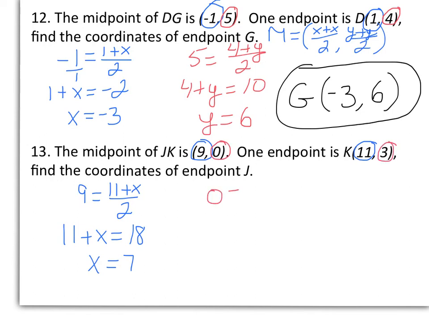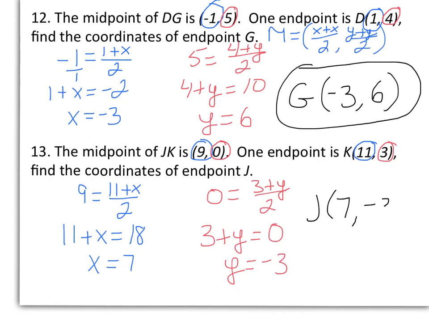So I have 0 equals 3 plus y divided by 2. This one's actually not too bad. Do the cross product, we get 3 plus y equals 0. So y is negative 3. And that tells me that J has coordinates 7, negative 3.